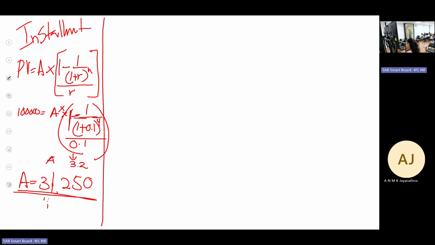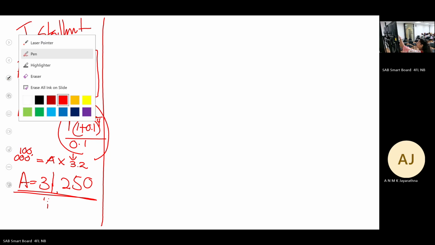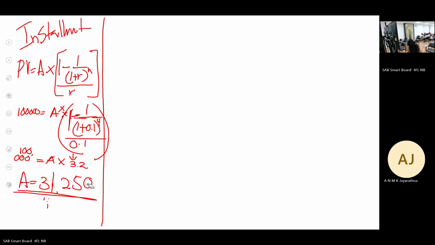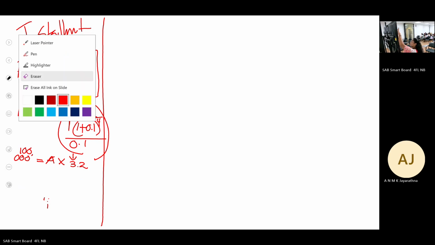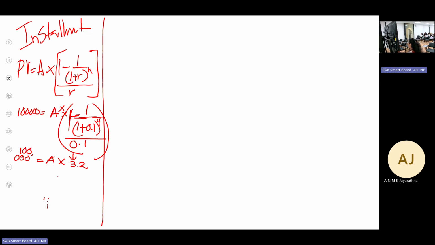A multiplied by 3.2, you will get 100,000. So 3.2 A equals 100,000.